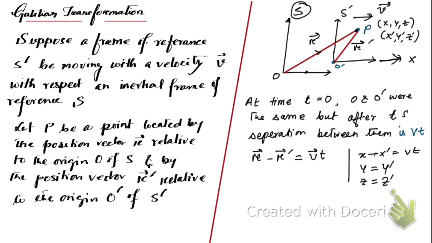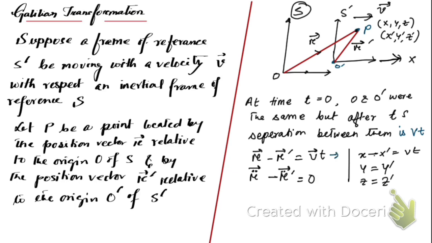Here, if you differentiate this equation with respect to time, on both sides, then you will have the second order derivative of r dash minus the second order derivative of r, which is equal to 0.